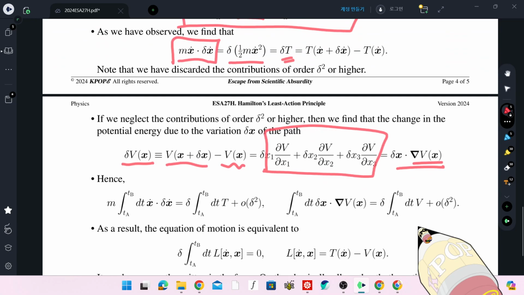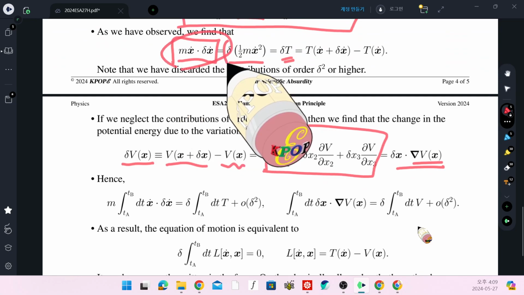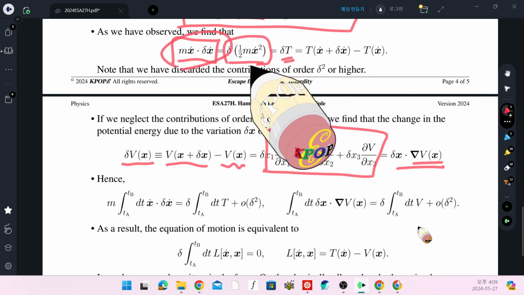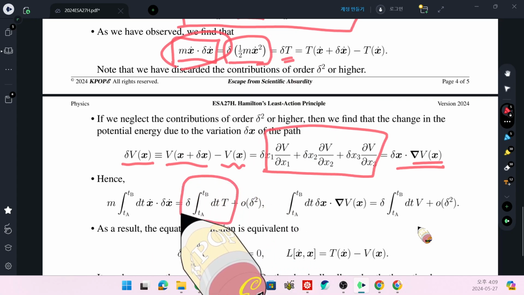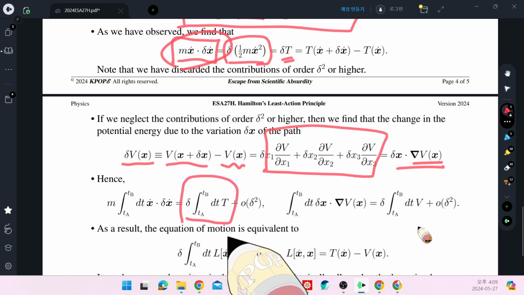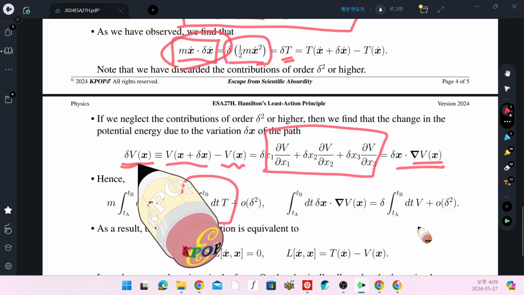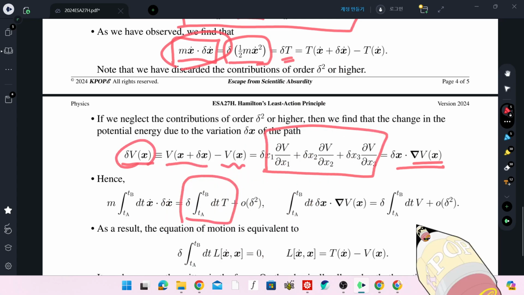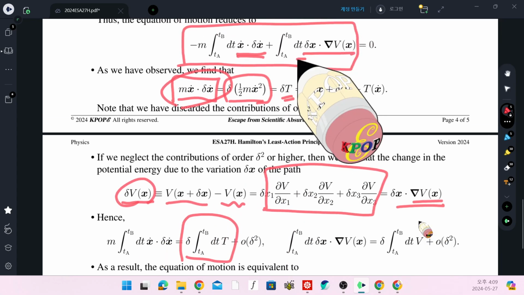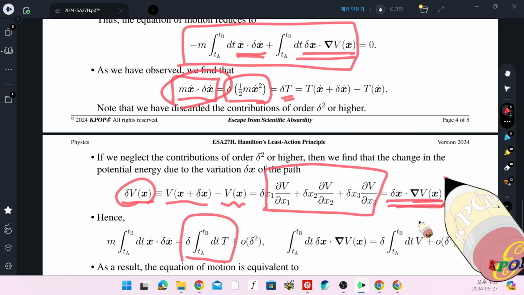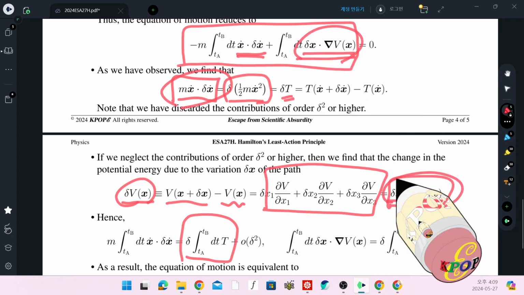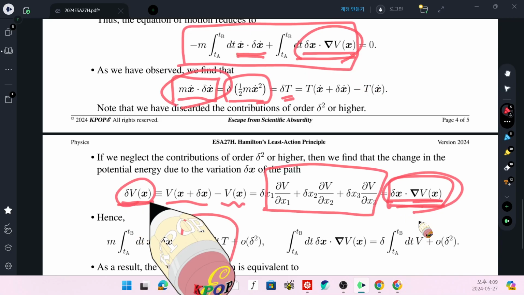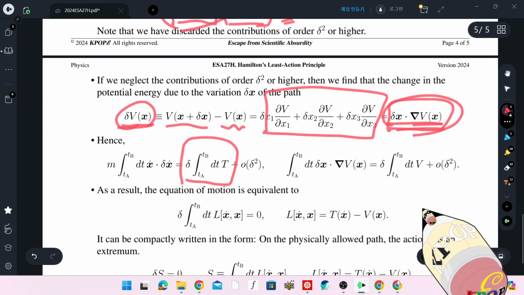Finally, this one is the variation of the kinetic energy integral. And this one is nothing but the variation of the potential energy.